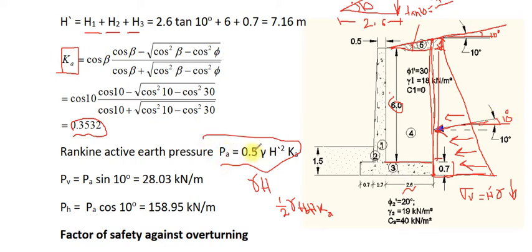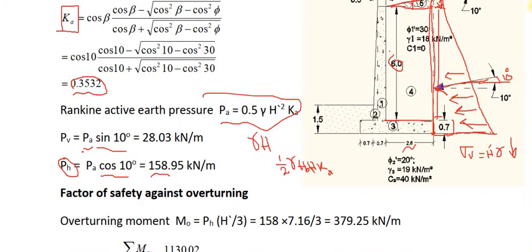After computing P active, P vertical can be obtained by multiplying PA by sine 10, and multiplying PA by cosine 10 gives us the horizontal force. This resultant force can be resolved into two forces, horizontal and vertical, at this point.